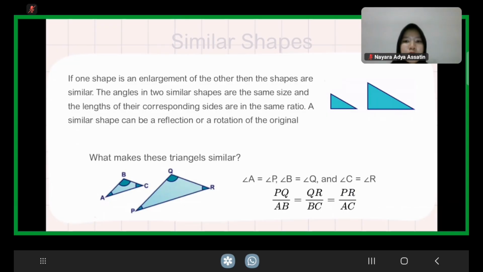Now, look at these triangles again. What makes these triangles similar?